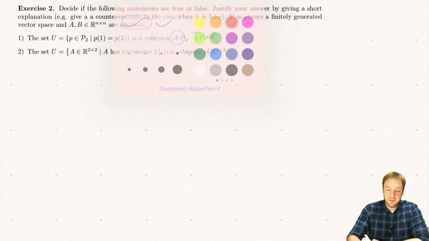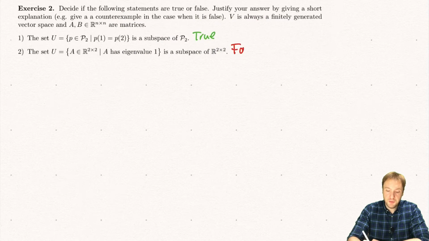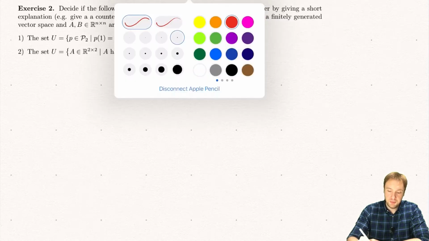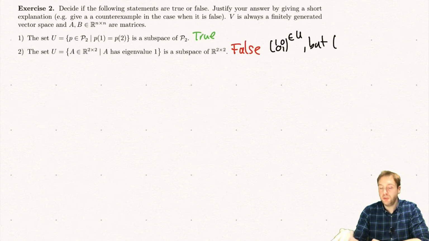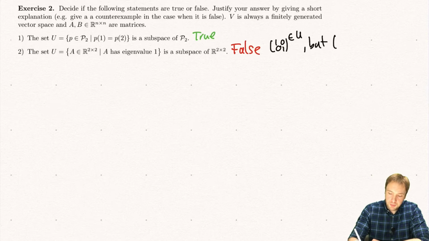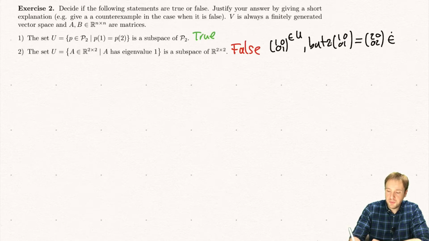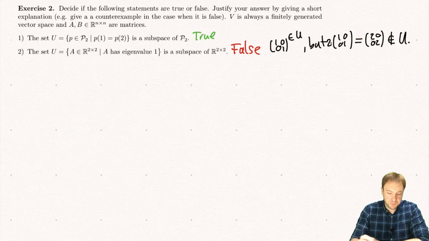And here the answer is no. So this is false, because in this case the identity matrix is in U. But if I multiply it with 2, for example, 2 times this identity matrix, this is not in U, because the eigenvalues of this matrix are 2. So this statement is false.